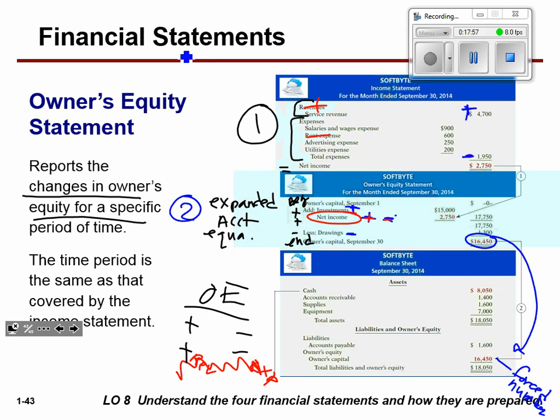Here was one of the minuses that we now know has a new name, net income. Here was one of the pluses. Here was one of the minuses. So these guys were the expanded accounting equation that we're cinching together to bring to that one forced math number down there. And it's owner's equity. And really the only thing we're concerned with is we're calling all of that legwork owner's capital down there.